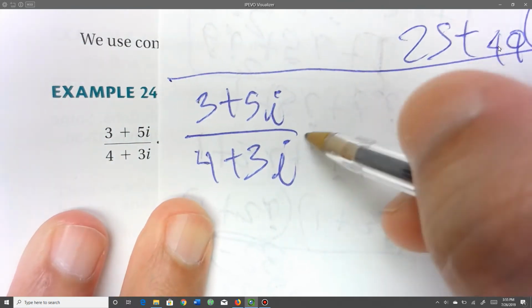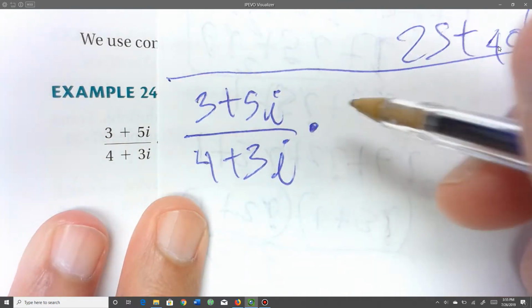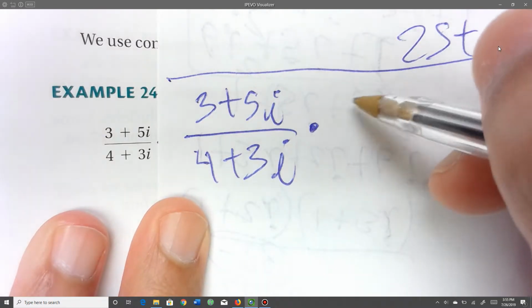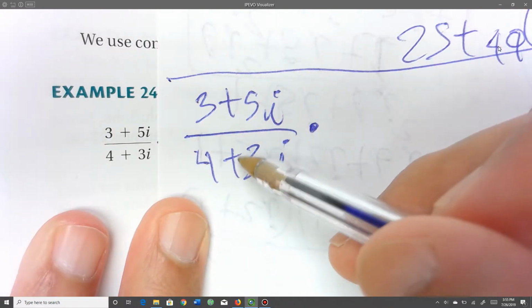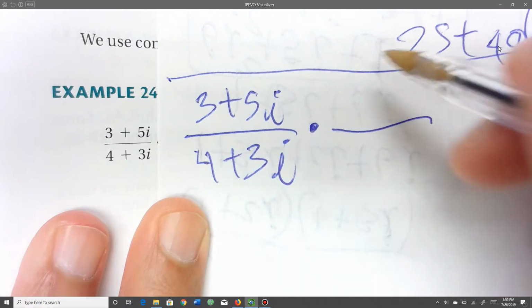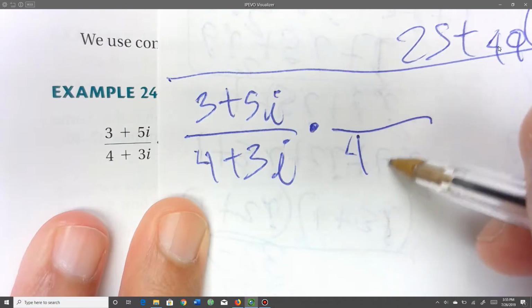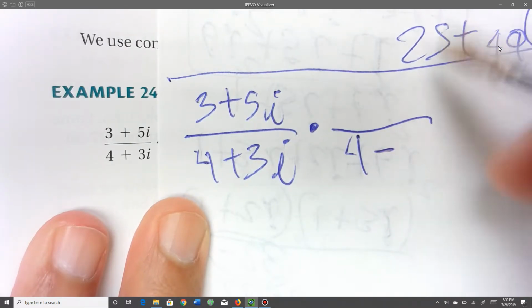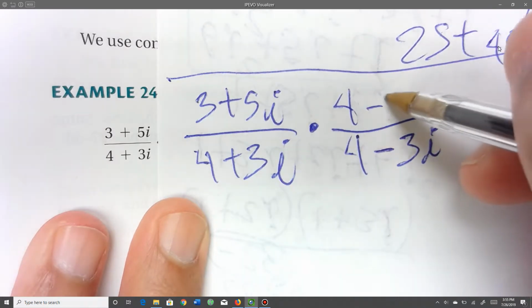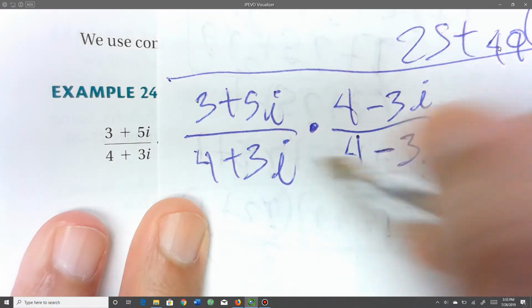From here, I need to multiply times a 1 in the form of the conjugate of this expression here, which is 4 minus 3i. Again, only the second sign changes, not the first. That's the conjugate of this.